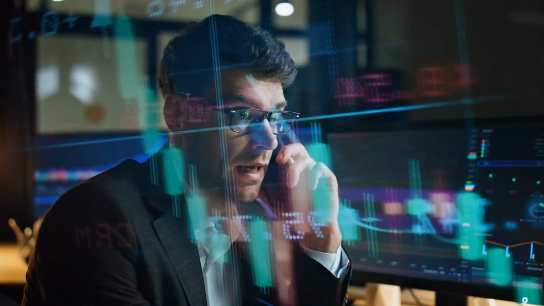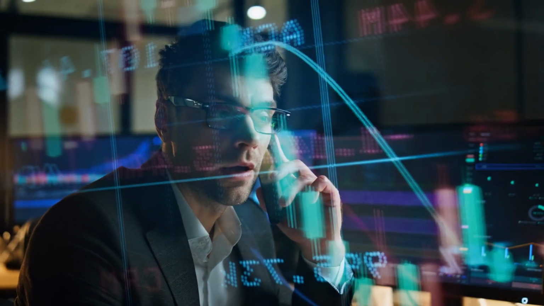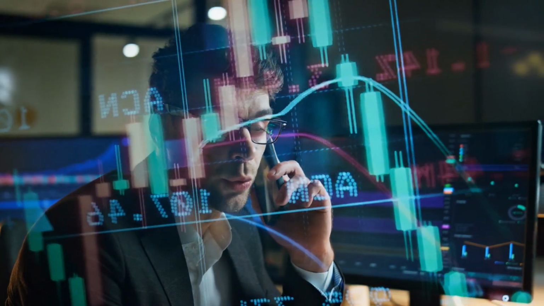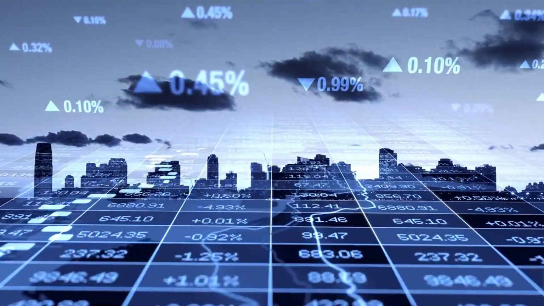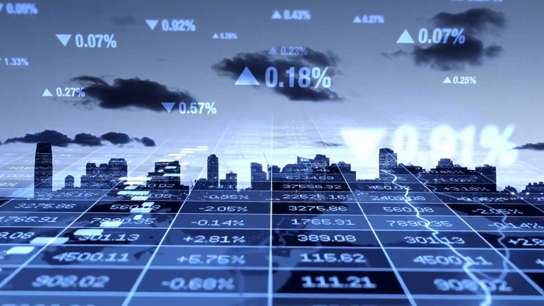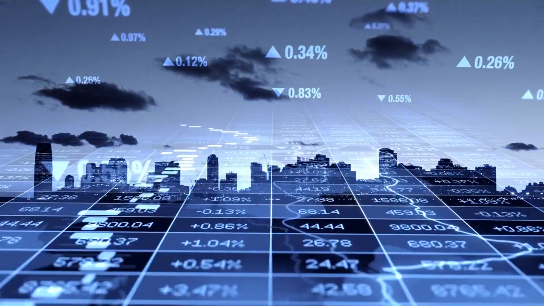Moderate investors balance between risk and reward with a mix of stocks and bonds. 60% stocks, 30% bonds, 10% cash. Aggressive investors focus on growth with a higher allocation to stocks. E.g., 80% stocks, 15% bonds, 5% cash.